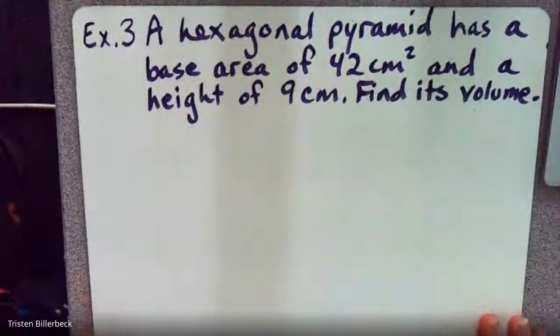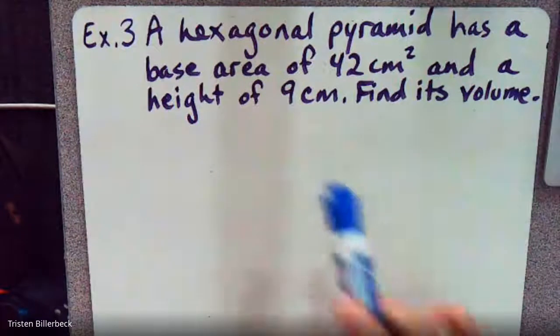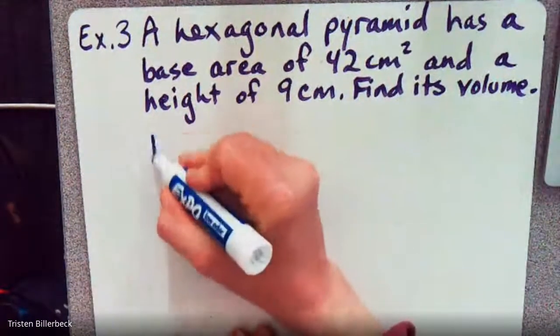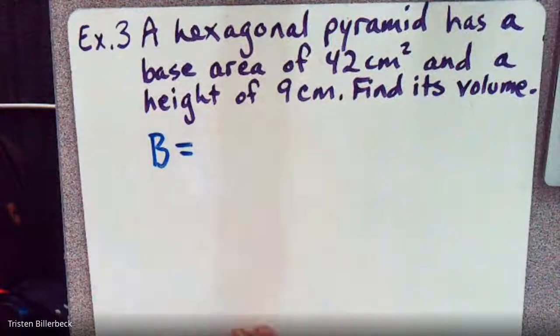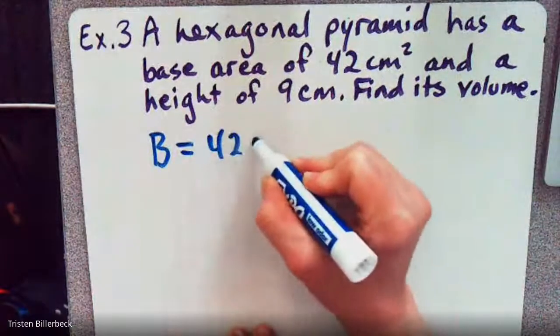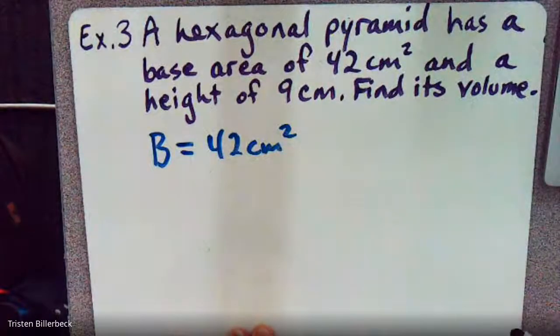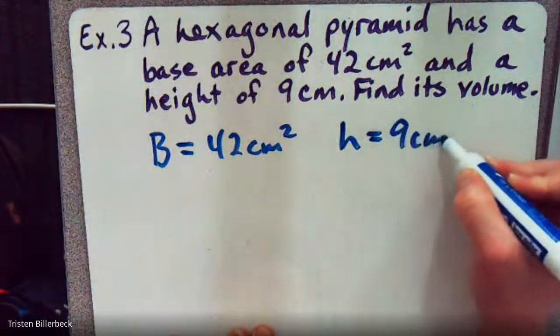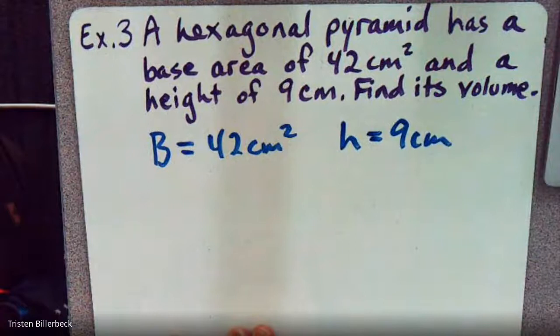All right, so if I have a hexagonal pyramid, and it has a base area of 42 centimeters squared, so the big B is 42 centimeters squared, and its height is 9 centimeters. They gave us everything we needed.